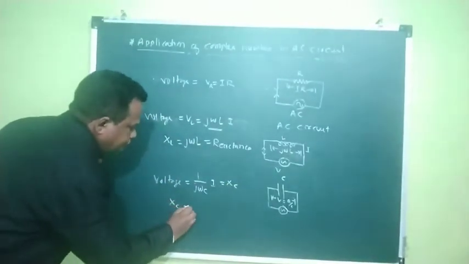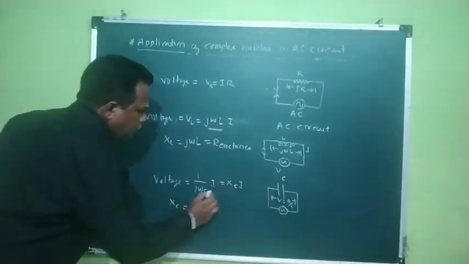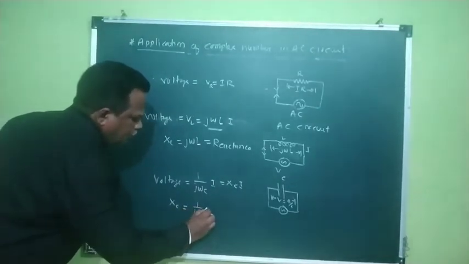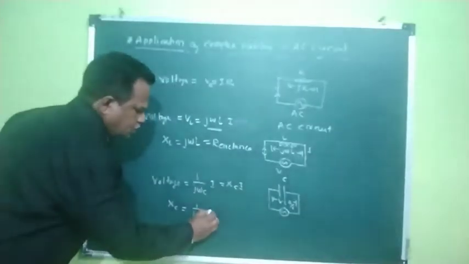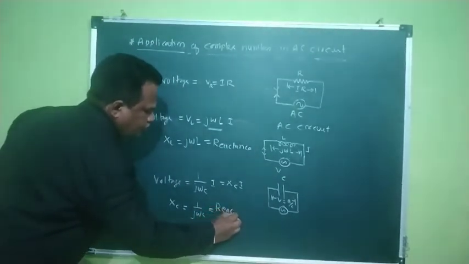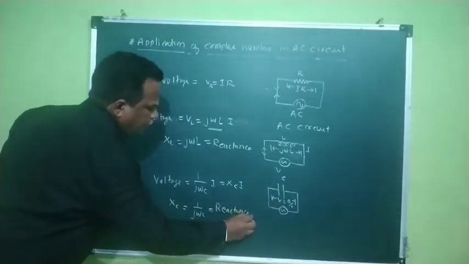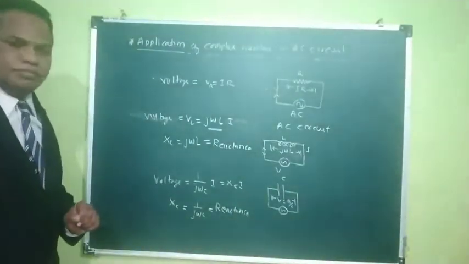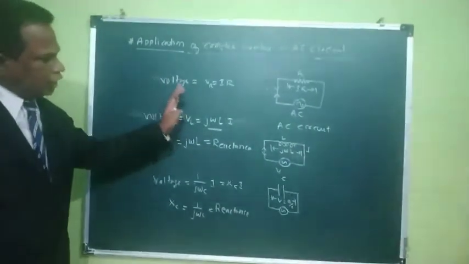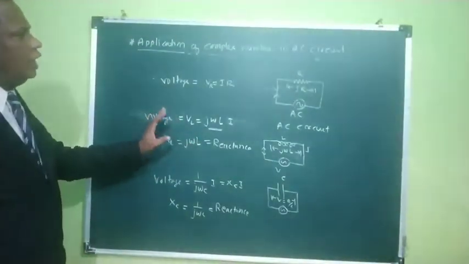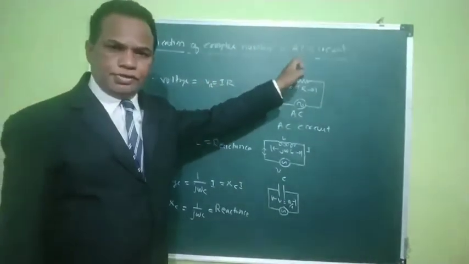So XC is equal to 1 divided by j omega C, and that is named the reactance of the capacitor. Inductive reactance, similarly capacitive reactance. This is capacitive reactance. So now we can use such voltages in solving AC circuit problems.